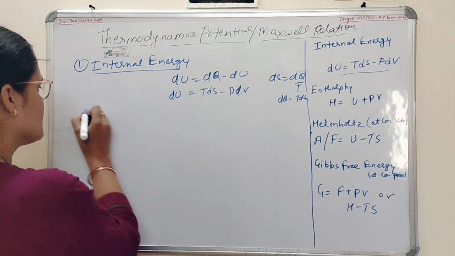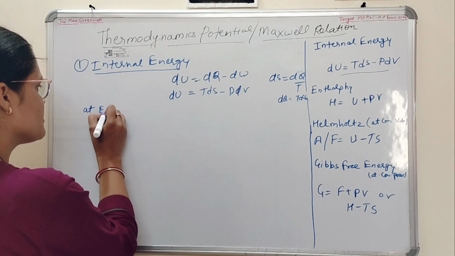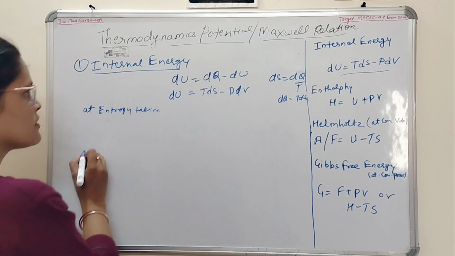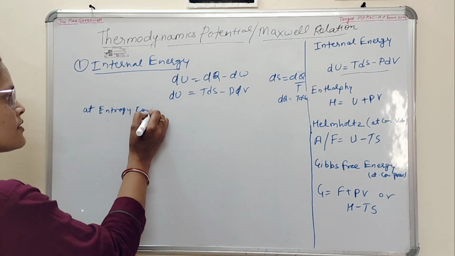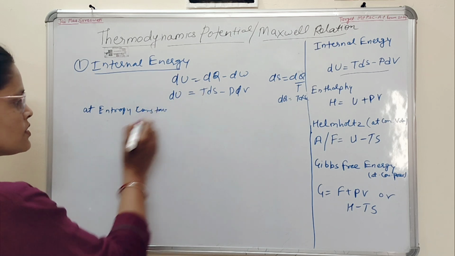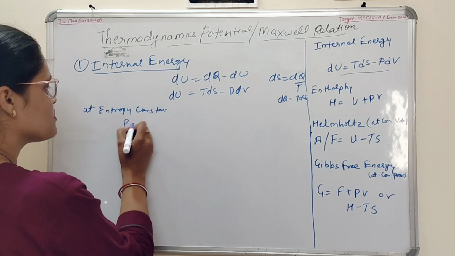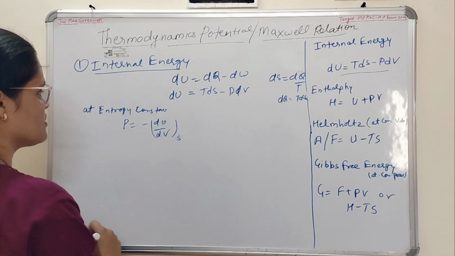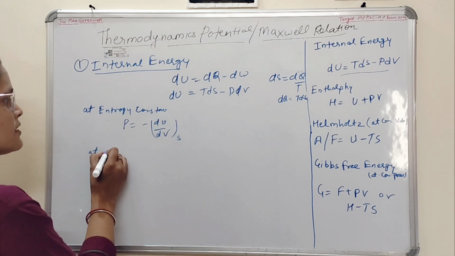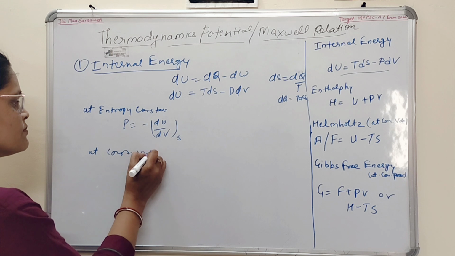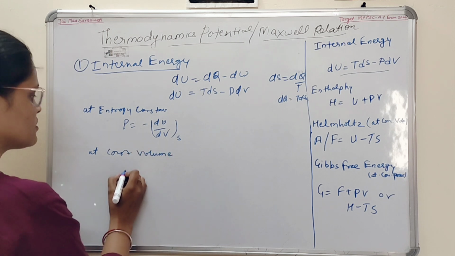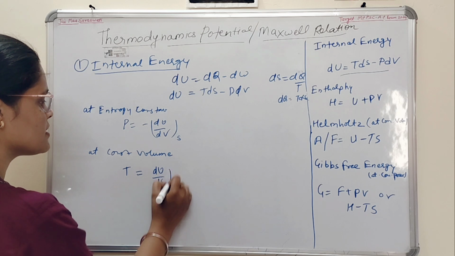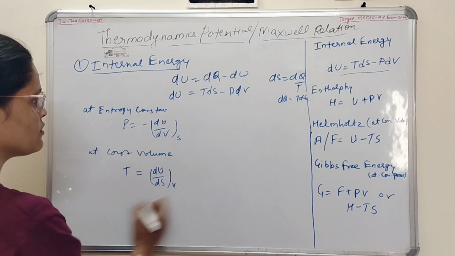Now taking entropy constant, the equation turns out P equals minus of dU by dV at constant entropy. And now taking constant volume, the equation turns out T equals dU by dS at constant volume.